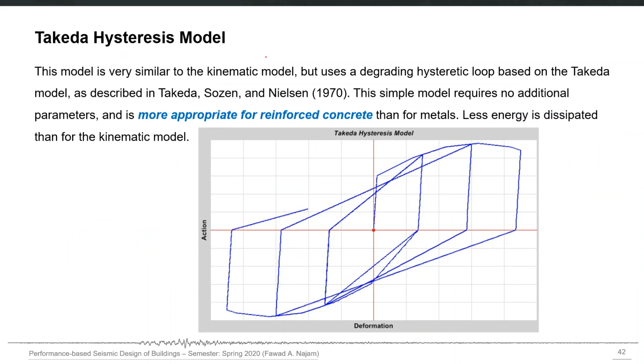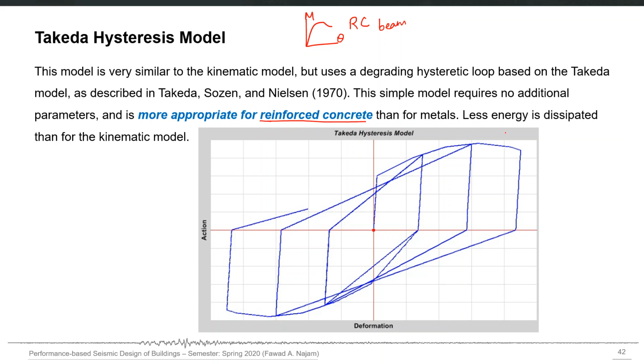Another one is the Takeda hysteretic model, and it is suitable for reinforced concrete. Which means in the fiber modeling approach, for unreinforced concrete fibers, we will not use this model. But for reinforced concrete beams, if you want to define the moment rotation behavior, the whole member level behavior of the RC beam, in that case this Takeda model can be assigned to this action deformation curve.